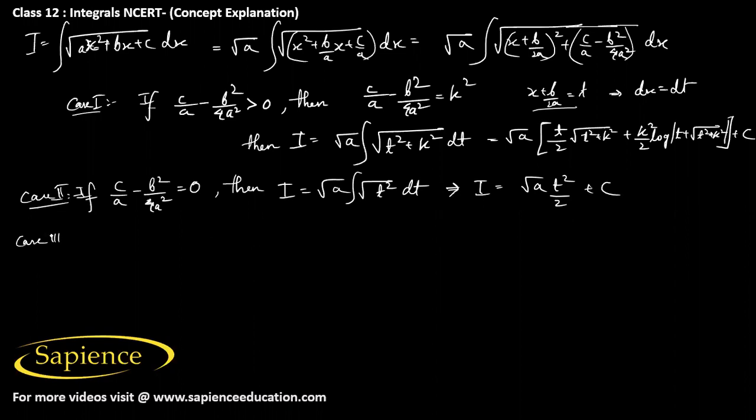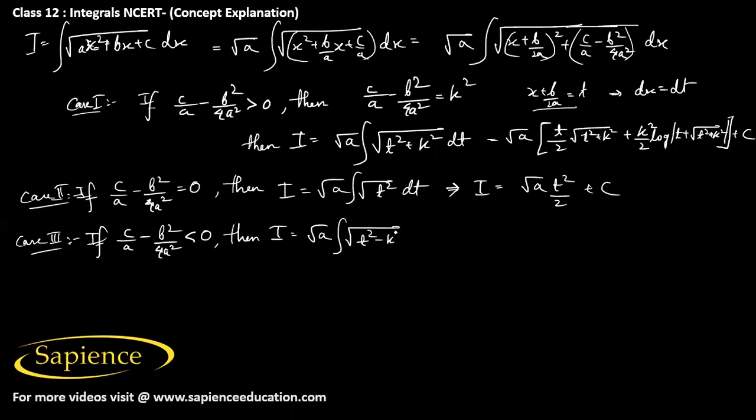Then case 3, that will be if c by a minus b square by 4a square is less than 0, then the integral can be written as root a into square root of t square minus k square.